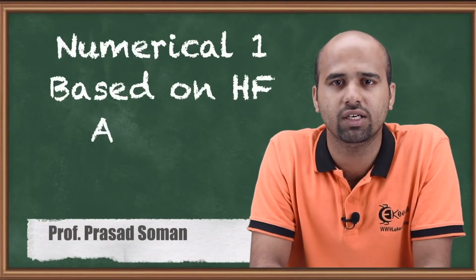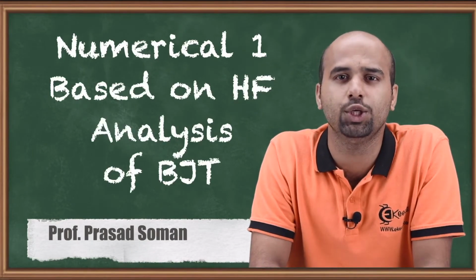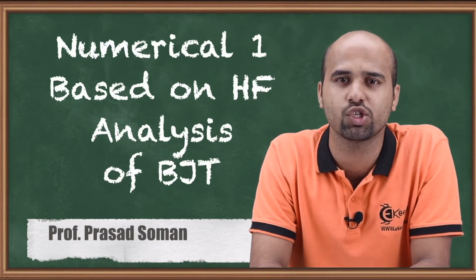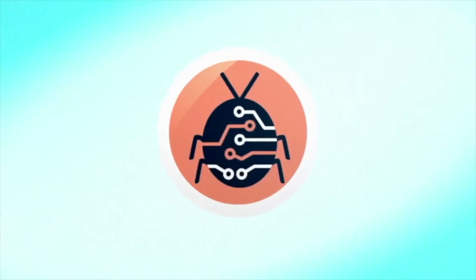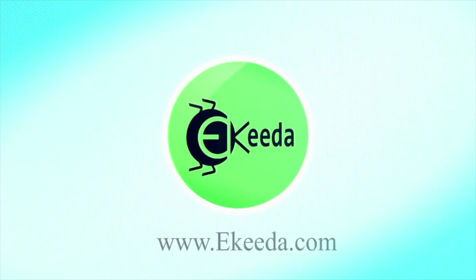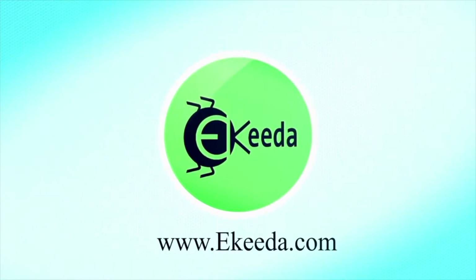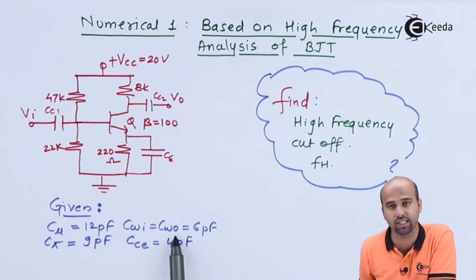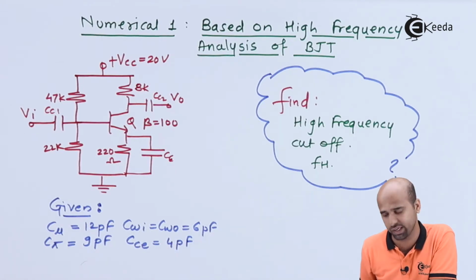Hello friends, here we will learn numerical number 1, which is based on high frequency analysis of BJT. In the given parameters, we have all the capacitances C mu, C pi, CCE, CWI and CWO in the picofarad range.